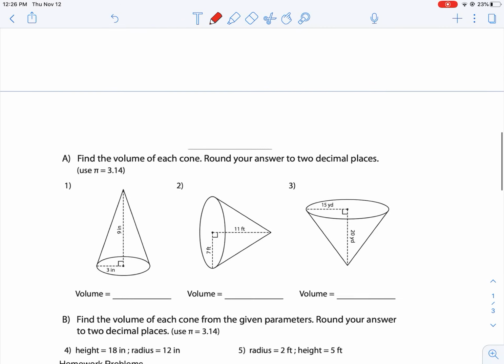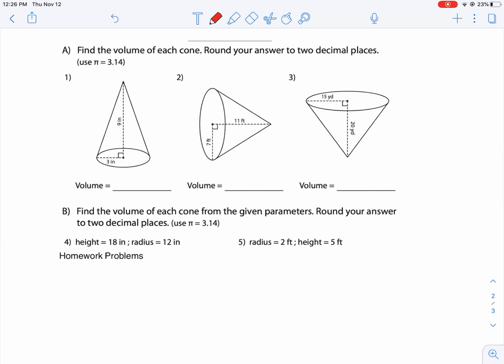Cone's got a little extra in there. Volume is equal to 1/3 pi r squared, then times our height. So very close to a cylinder, except we also have to multiply everything by 1/3, which accounts for all that missing stuff that we would have from a cylinder. So anyway, moving on.